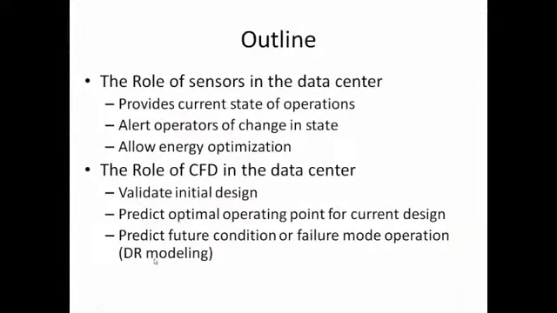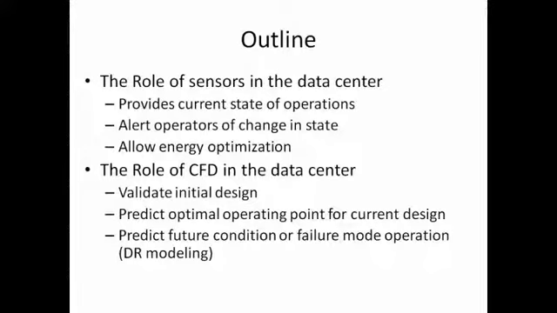Okay. So what we're going to do today, Scott and I are going to talk about the role of sensors in the data center and the role of CFD. Now, sensors provide a current state of operation. They can give you a tremendous amount of data about what's going on currently, and also alert operators of any changes in the current state that occur.